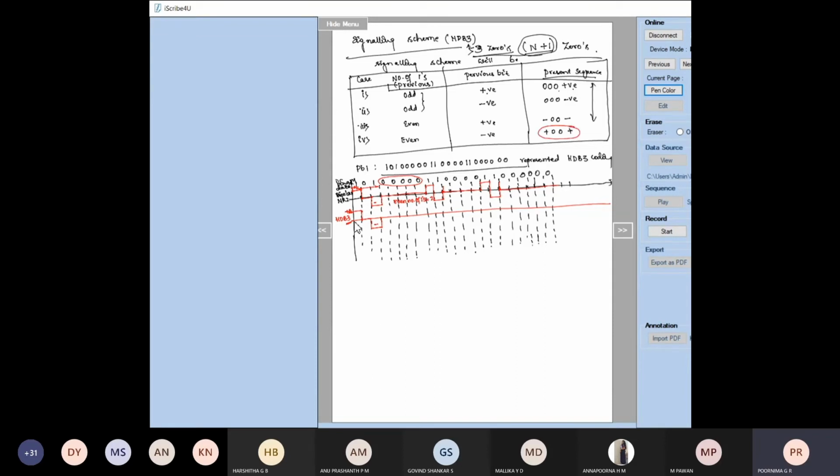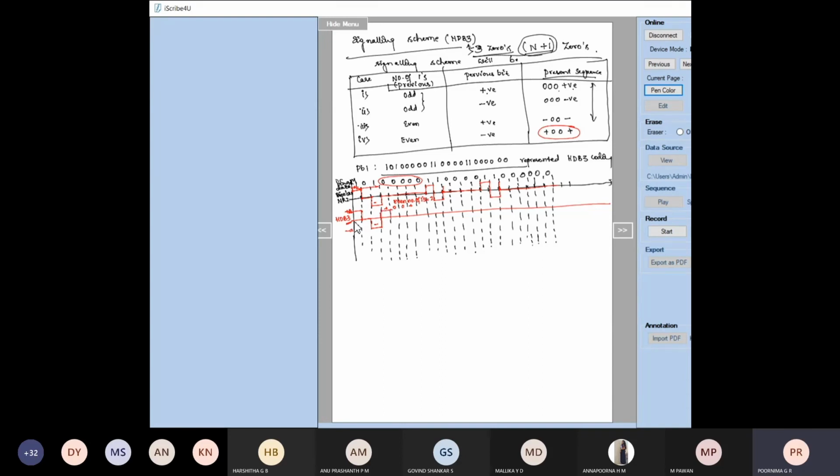It should be 0, 0, 0 and positive. Previously it was minus A, so now the positive pulse shifts to plus.